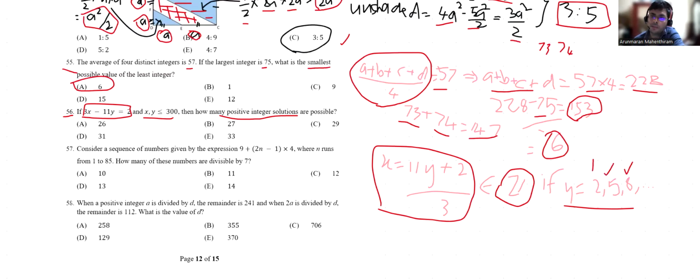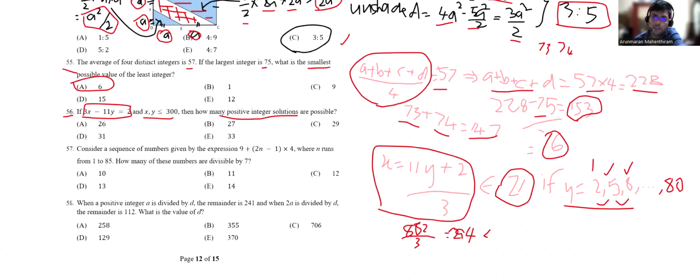So the last possible value is y equal to 80. When we put 80, that is 880 plus 2, 882, by 3, which is equal to 294. So that is an integer, and also 294 is smaller than 300.